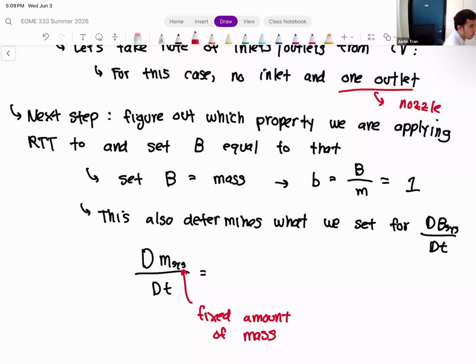You can't generate more mass in a fixed amount of mass, and in fact, that's what the conservation of mass tells us: it cannot spontaneously generate or destroy mass in our universe, at least what we understand of it. And so that means our production term here is going to be equal to 0.